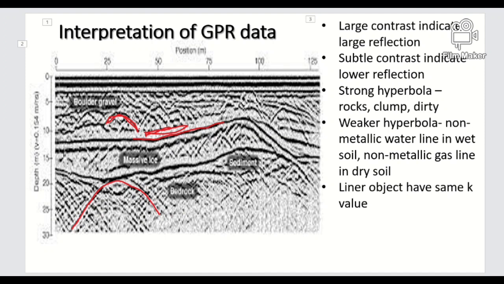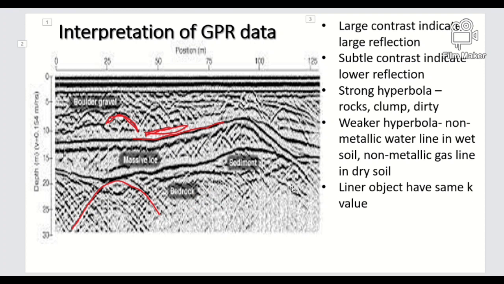If we give a weaker hyperbola, here maybe a water line.